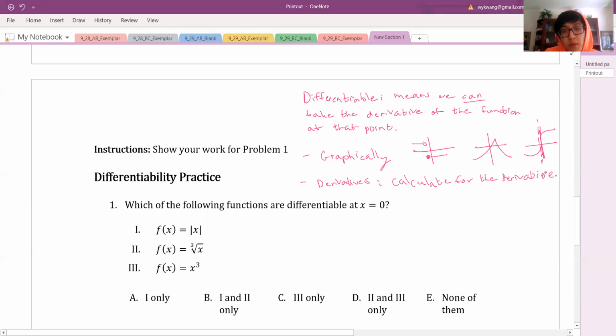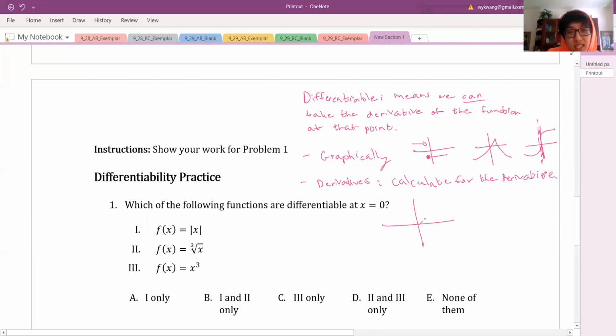So this first problem here: which of the following functions is differentiable at x equals 0? So let's see if we can find the derivative. The derivative of absolute value of x at 0, to be honest, that's not something I have memorized. What's the derivative of that? It's kind of confusing. So this would be one I would recommend thinking about graphically, because the absolute value of x graphically just makes a lot of sense, and it's easy to see what the answer is.